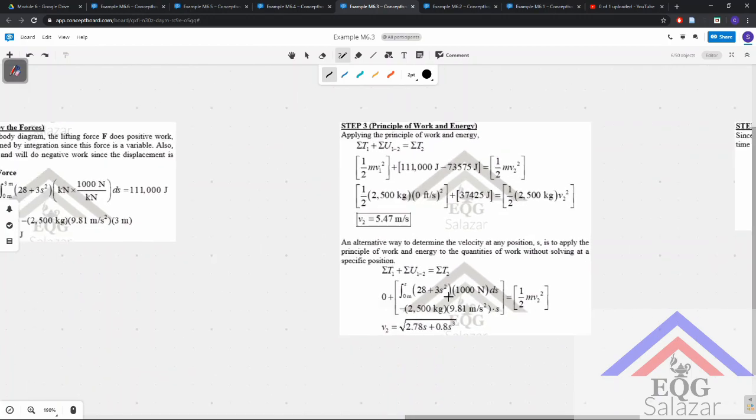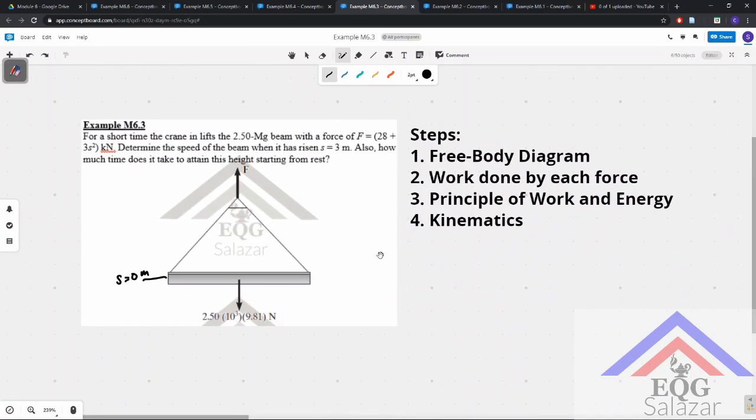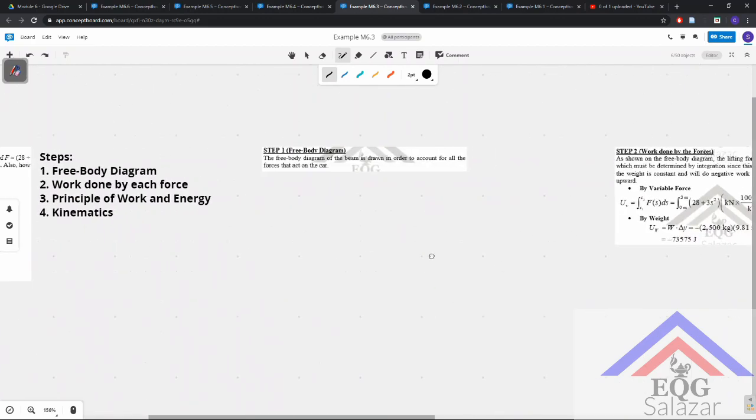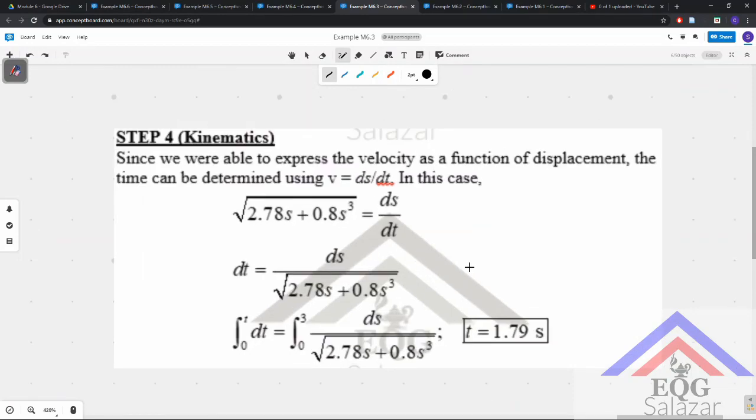Applying kinematics, since we want to find the time it takes to attain this height starting from rest, we know that velocity is essentially the change in position with respect to time.